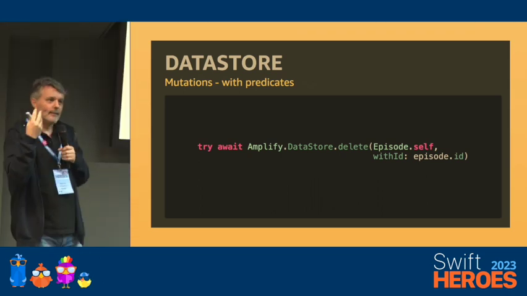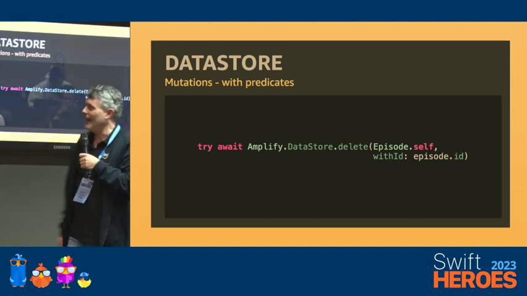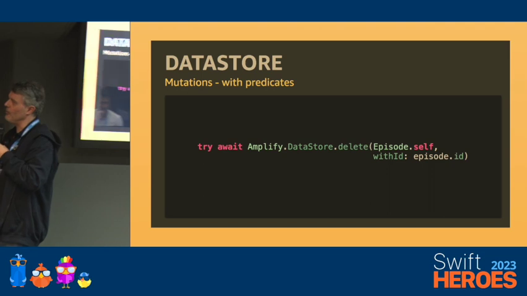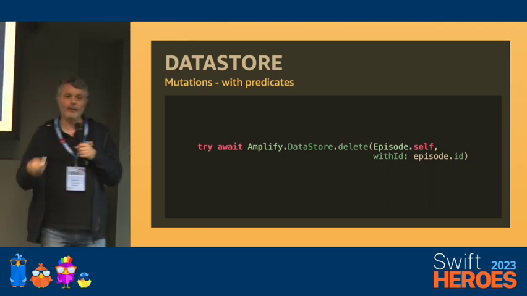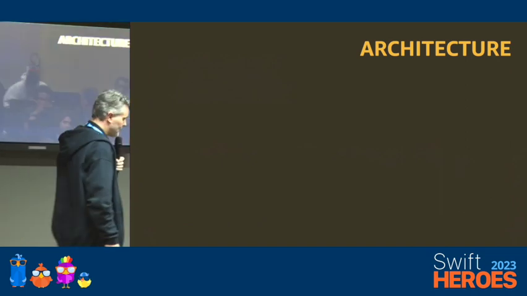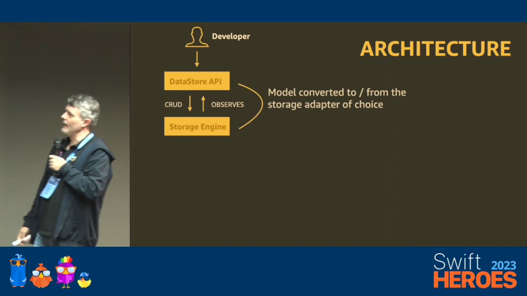I can delete, told about CRUD, so create, read, update, and delete. You can delete all the episodes. That's probably not something you want to do, but you can also delete with predicates, so filter, have a where clause on your delete.